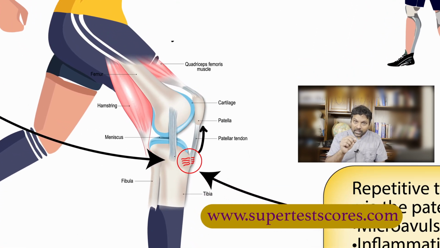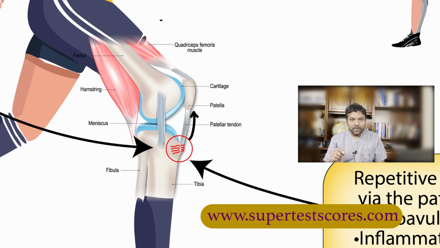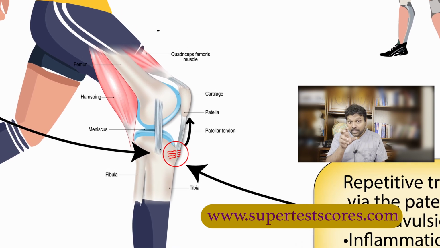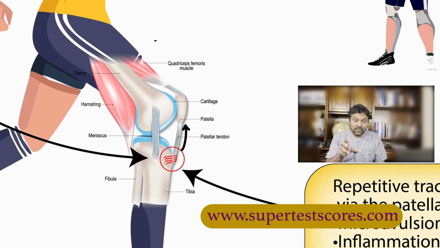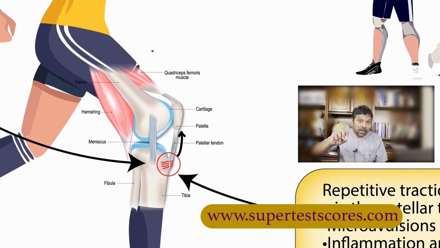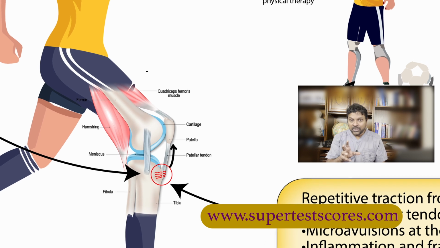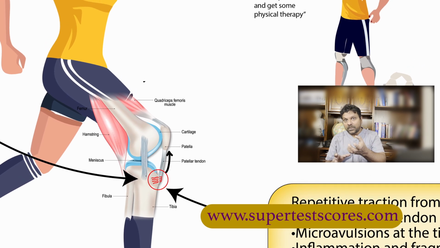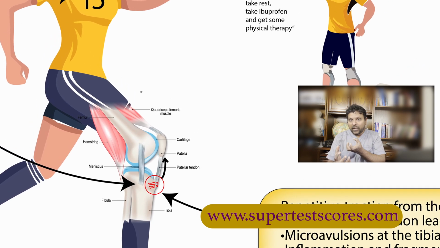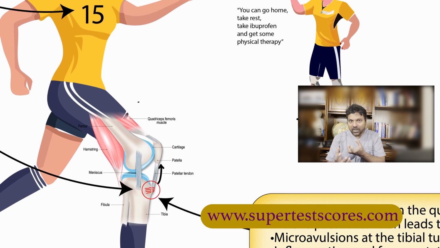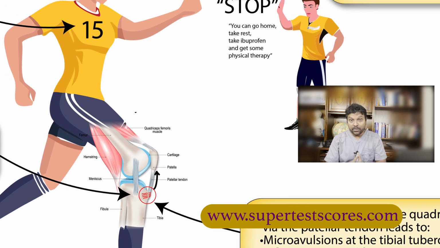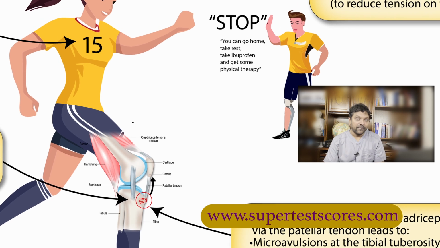And around the knee, put a red circle around the tibial tuberosity, okay, and you put an arrow up the quadriceps tendon. So that makes you remember that basically the quadriceps tendon is pulling on the tibial tuberosity. That makes you remember the pathogenesis of this disorder.